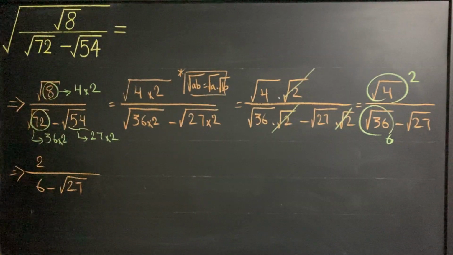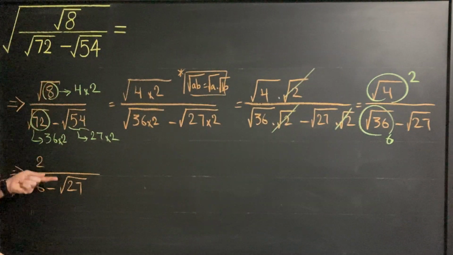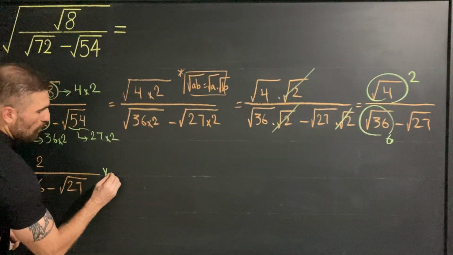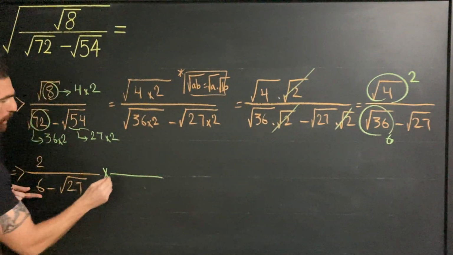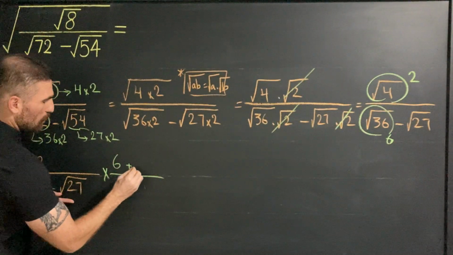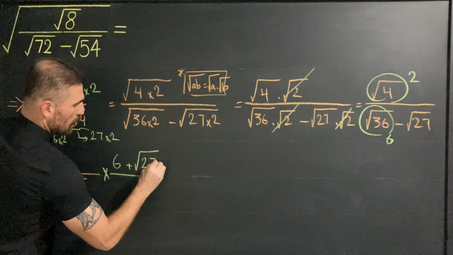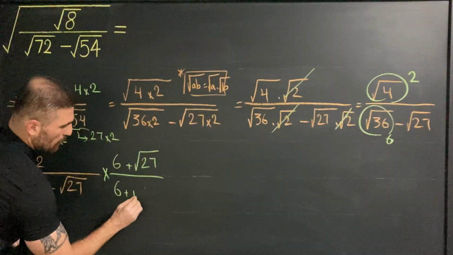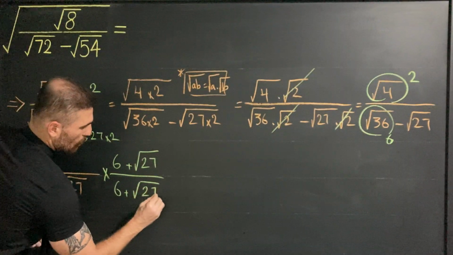To continue the solution, I'm going to multiply both top and bottom by the conjugate of the denominator, which means 6 plus second root of 27. Exactly the same as top. I write here 6 plus second root of 27.